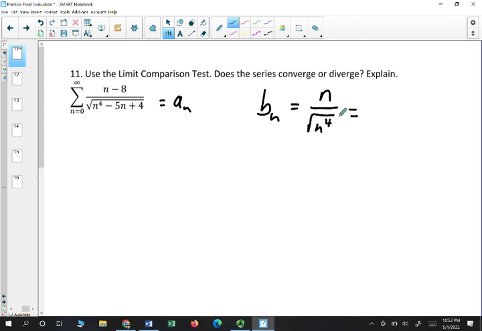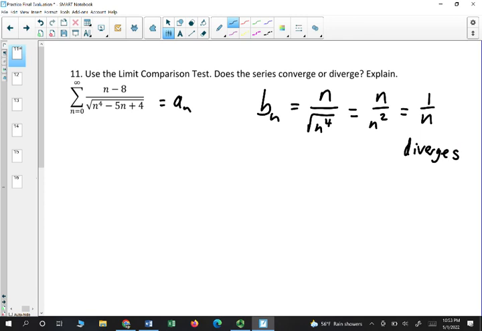So we have n over the square root of n to the fourth, which would become n over n squared, since the square root of n to the fourth is n squared. And n over n squared would reduce to 1 over n, which we know by p series this diverges.